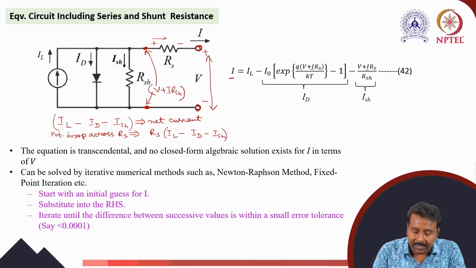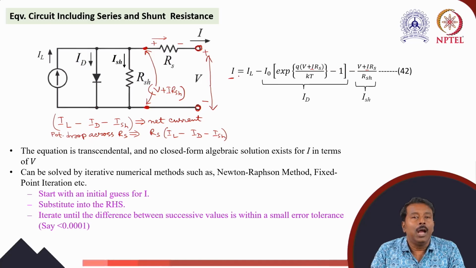What is iteration? You have to first guess a value of current I as an initial guess. You have to put the value of that I in the right hand side, and observe what value of I you are obtaining. See the difference between what you assumed for I and what you are obtaining. Now there is a big difference. So again, you put this value of I into the right hand side. Again, the newly calculated I value will be different.